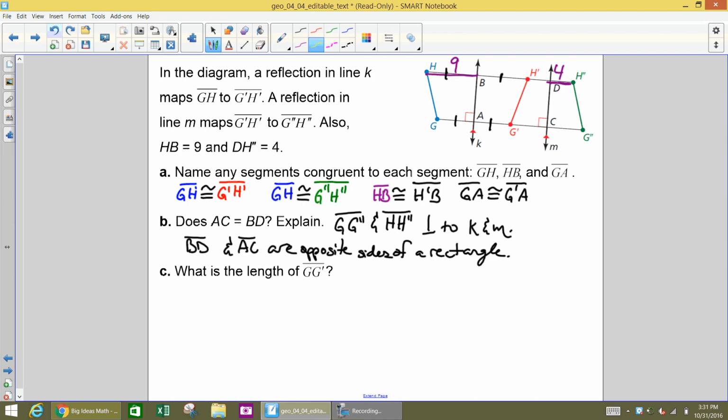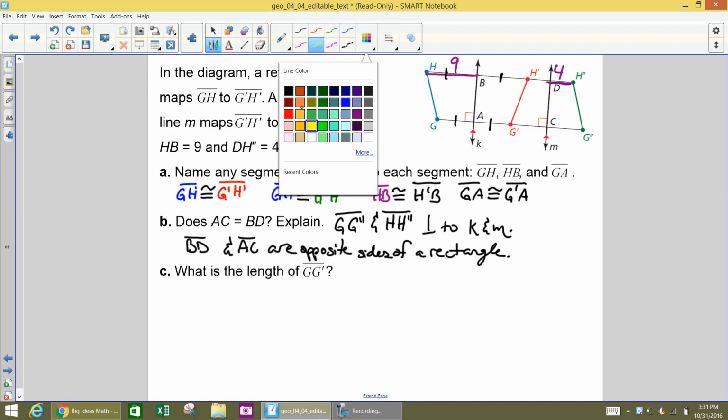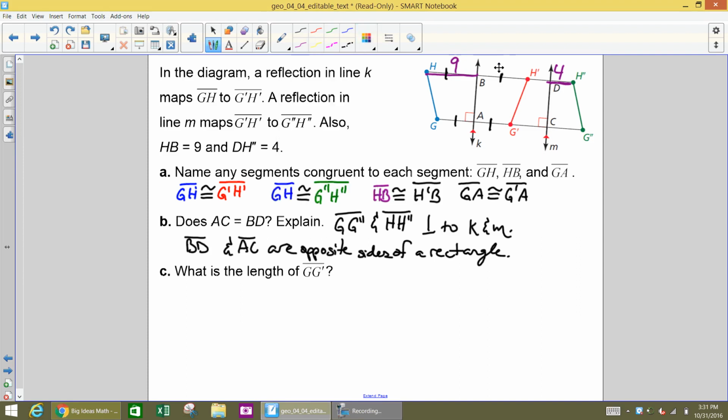And lastly, we're asked, what is the length of G to G double prime? Because of the properties of reflection and what we have written already with our congruence, we're able to say that this has a value of 9 and this has a value of 4.